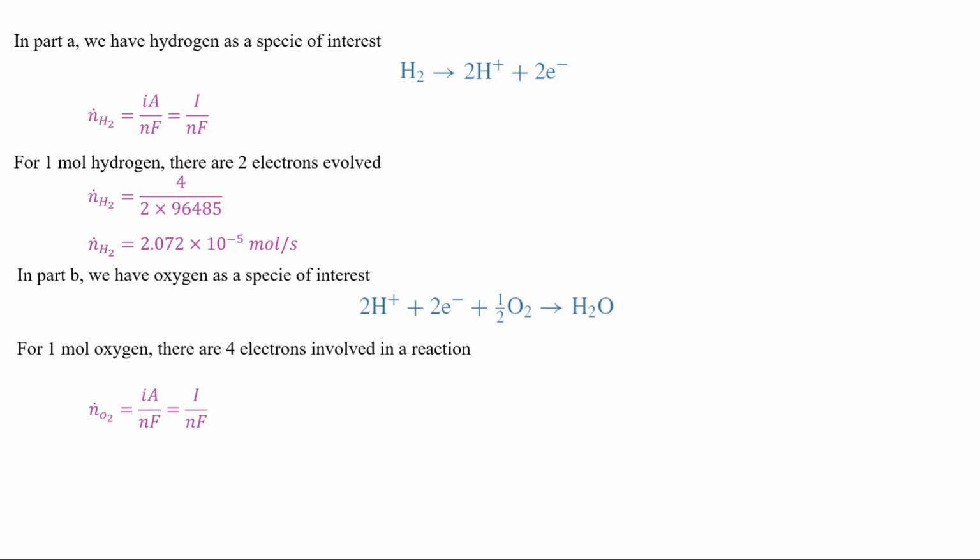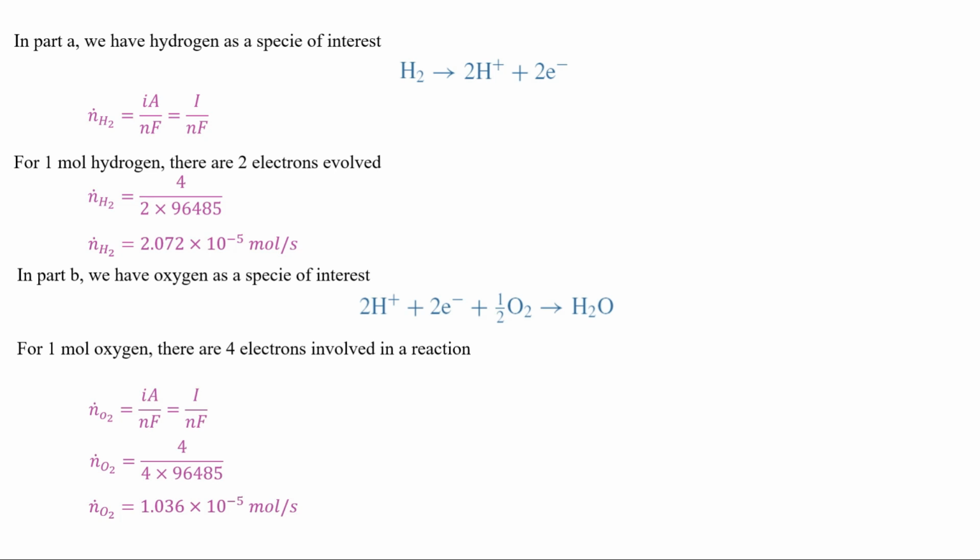So by substituting I equals 4, N equals 4 and the Faraday constant, the molar flow rate of oxygen comes out to be 1.036 × 10^-5 mole per second. This will be the minimum amount of oxygen required for a particular fuel cell to generate a 4 ampere current.